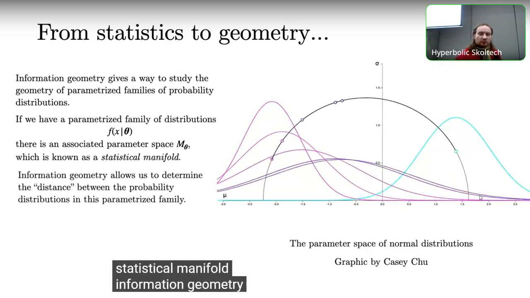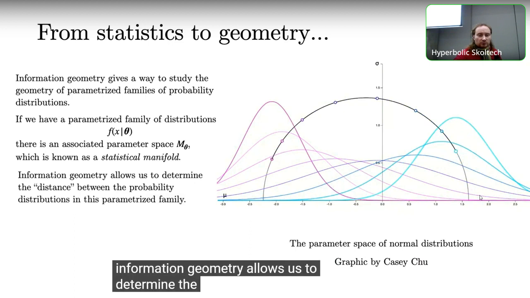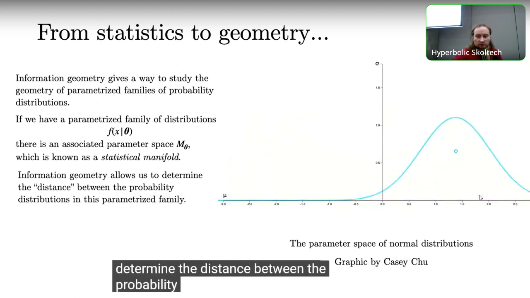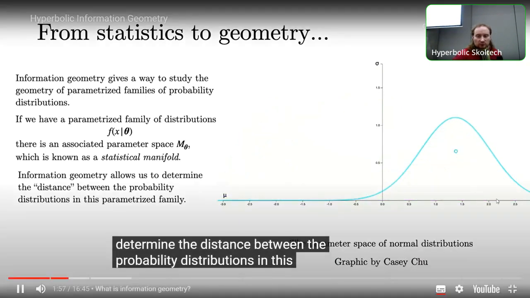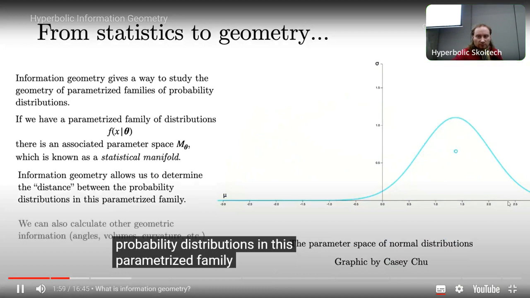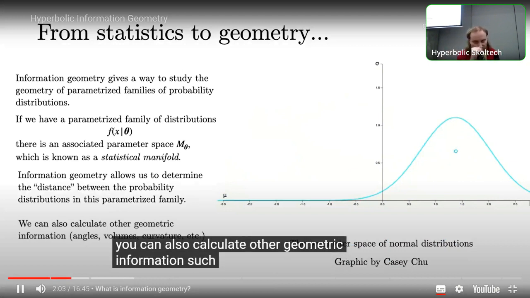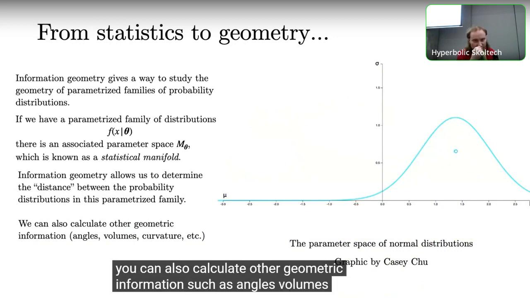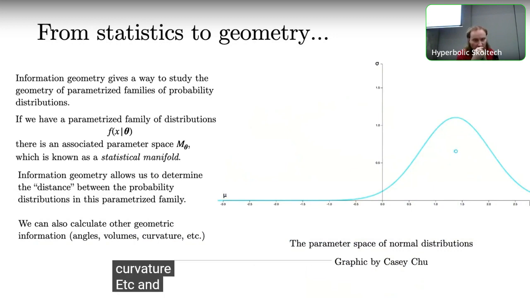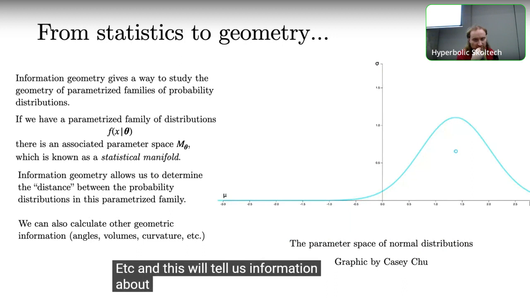Information geometry allows us to determine the distance between the probability distributions in this parameterized family. So here we just take the set of all parameters theta. We can also calculate other geometric information, such as angles, volumes, curvature, etc., and this will tell us information about our parameterized family.